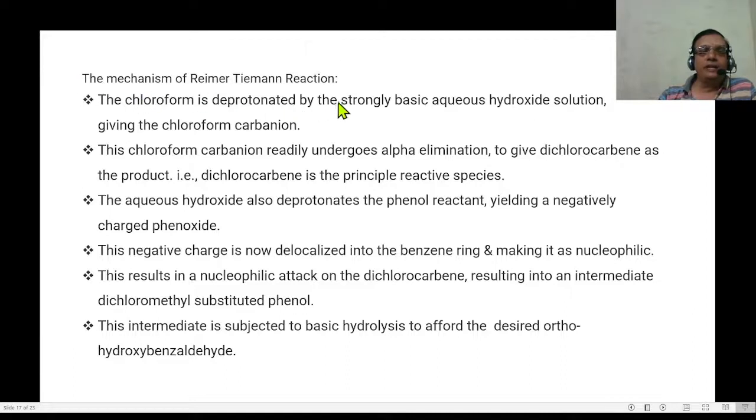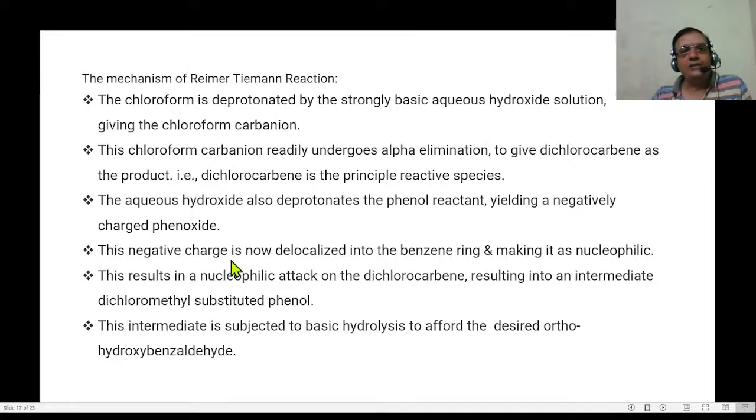The mechanism is explained here. Chloroform is deprotonated by the strongly basic aqueous hydroxide solution, leading to the formation of the chloroform carbanion. This chloroform carbanion readily undergoes an alpha elimination reaction, leading to the formation of dichlorocarbene as a neutral, reactive electrophilic species. Again, the aqueous hydroxide also deprotonates the phenol, converting it into the phenoxide ion.